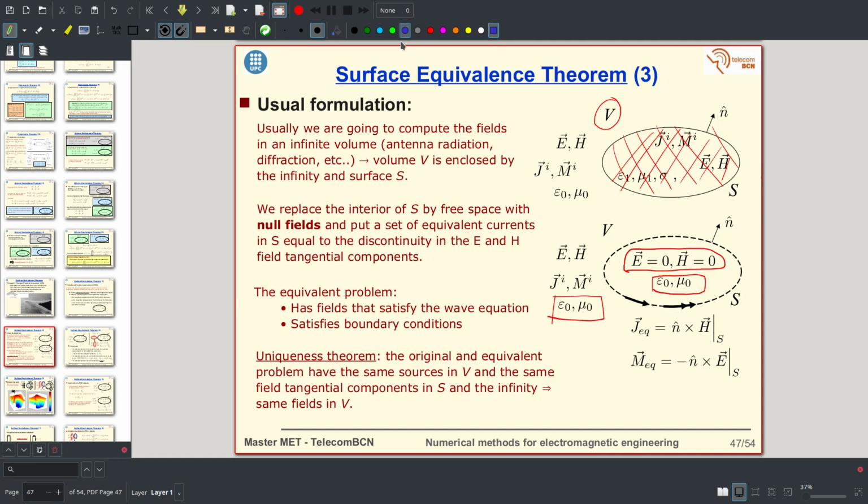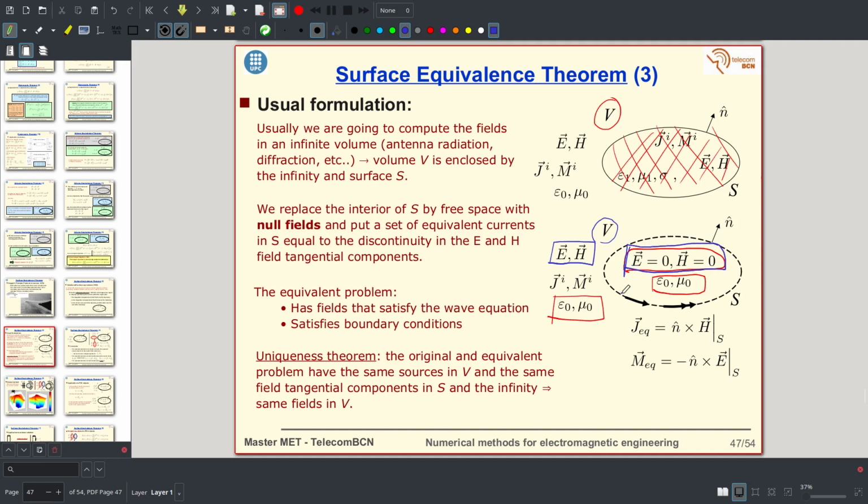So, this equivalent problem has, in volume V outside surface S, the same fields as the original problem. The same fields of the original problem agree with Maxwell's equations. So, they are correct. Inside surface S, we have set the fields equal to 0.